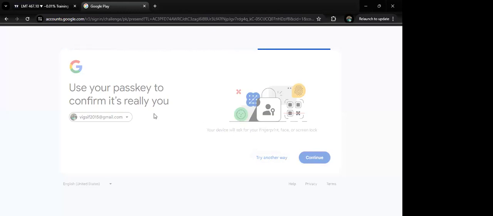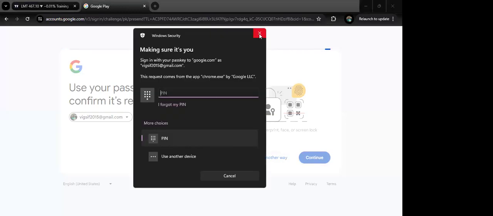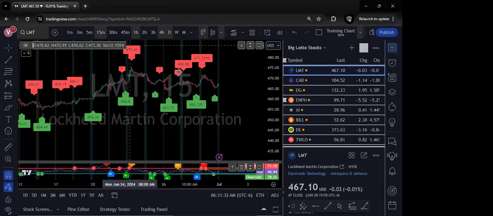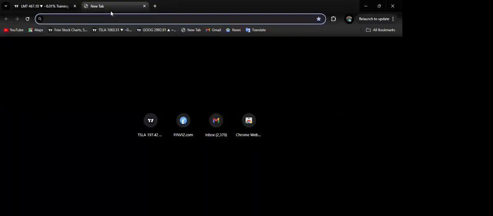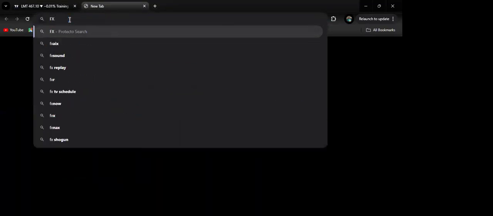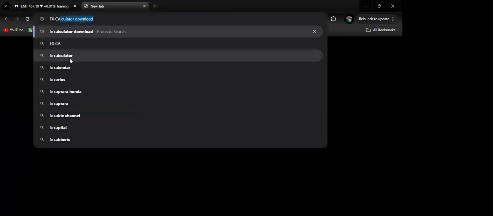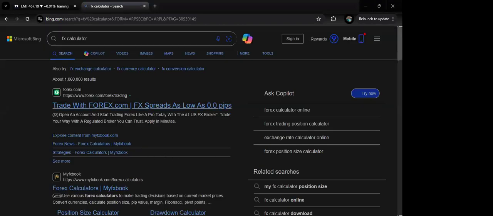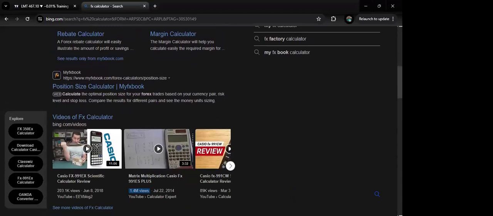I'll do it after; I was supposed to do it last night and I forgot. So that's the app. You download it on your phone, FX calculator. I'll try and download it here, and then we see it live on my computer.